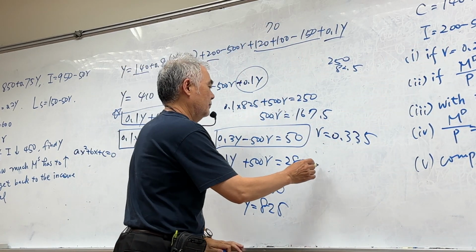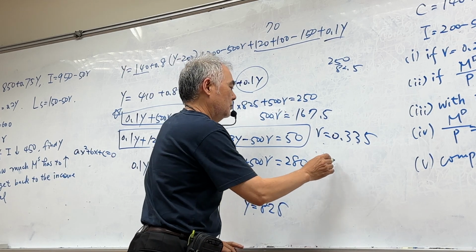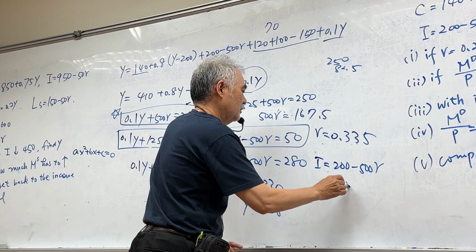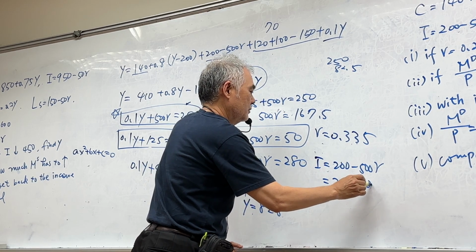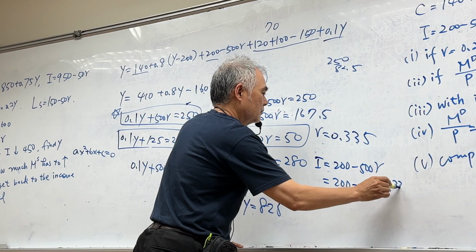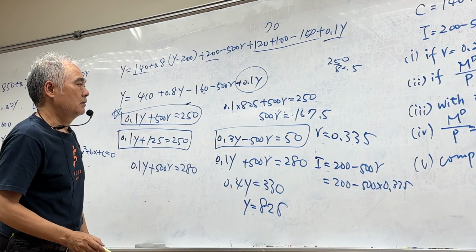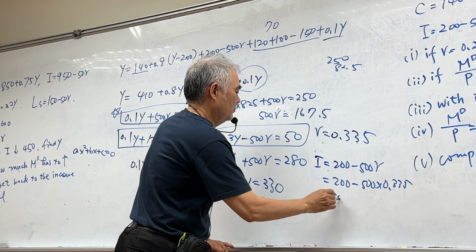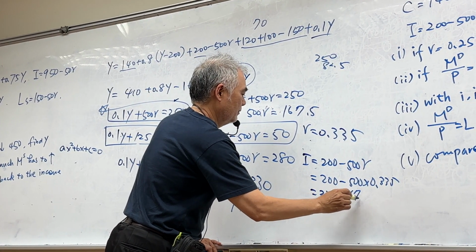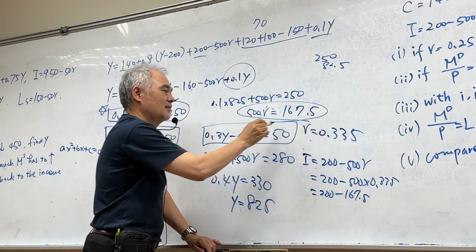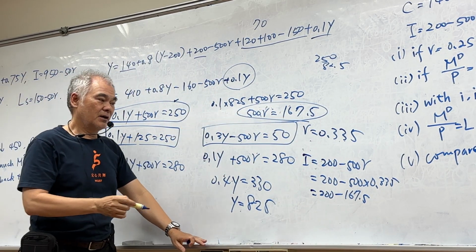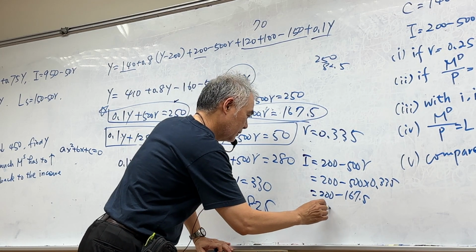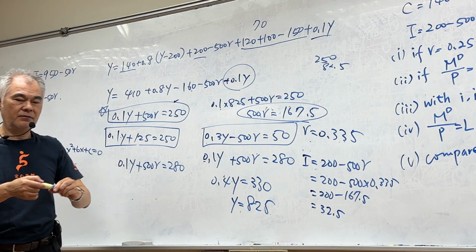So I is equal to 200 minus 500R, which is 200 minus 500 times 0.395. That is 200 minus 197.5, so it is equal to 2.5.